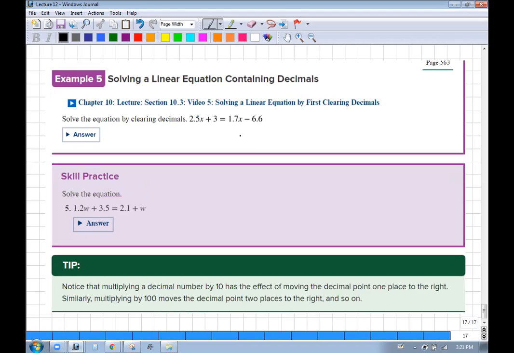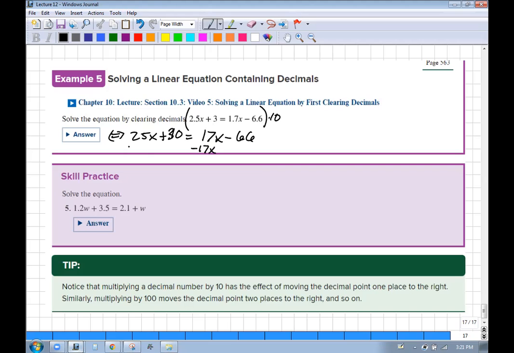If I multiplied everything by 10, the decimals go away, right? 2.5 times 10 is 25. 3 times 10 is 30. 1.7 times 10 is 17. And 6.6 times 10 is 66. Boom, no more decimals.